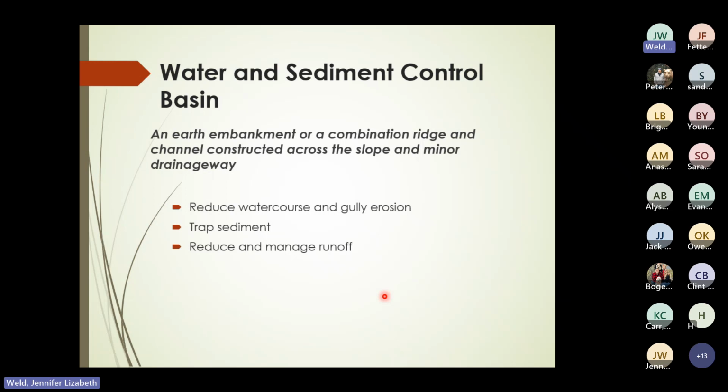They can definitely trap sediment, and they can reduce and manage runoff. Oftentimes you'll see diversions, terraces, and this type of sediment control basin or water basin used together as a system to both control where the runoff water is flowing and how that is subsequently stored. Again, we're looking at gully erosion, controlling surface runoff, as well as the nutrients associated with that.